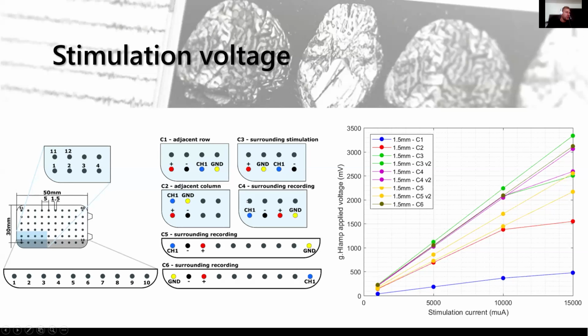And then when we, for example, record between the stimulation in the C4, then of course the stimulation voltage in the recording electrode gets much higher. So all of these configurations with the 1.5 millimeter discs are okay, and we can measure with the, let's say, macro electrodes without any problem responses from the stimulation. So some channels will be saturated, but the stimulation is valid.